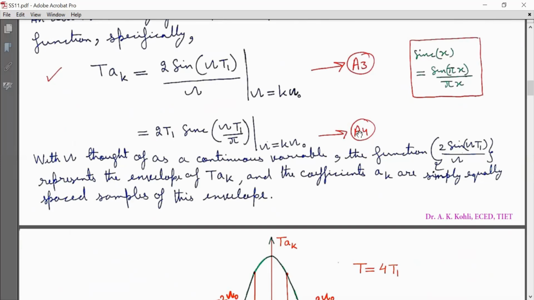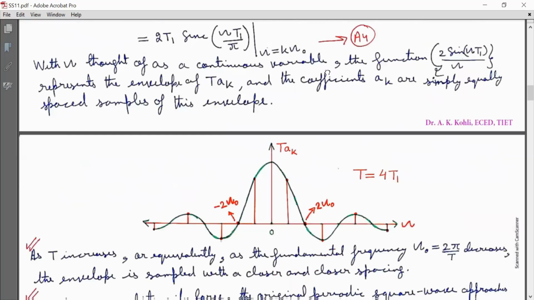Now A4 is represented in terms of sinc function, with Ω thought of as a continuous variable. The function 2 sin(ΩT1) divided by Ω represents the envelope of T a_k, and the coefficients a_k are simply equally spaced samples of this envelope.